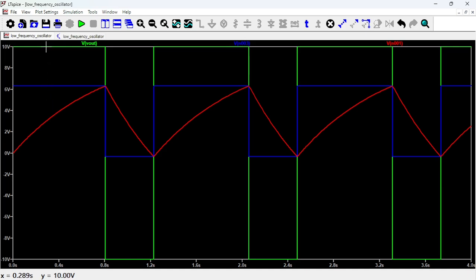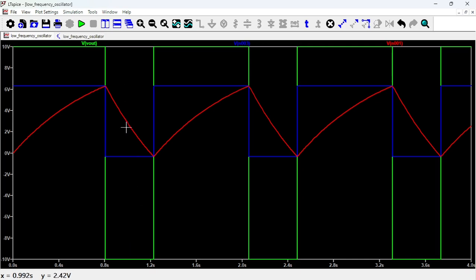So it means that the output is going to be high saturation. And this is the capacitor charging, by the way. As soon as this red thing goes above, or tries to go above here, you have a switch. It goes into minus 10 volts, so it goes into low saturation.